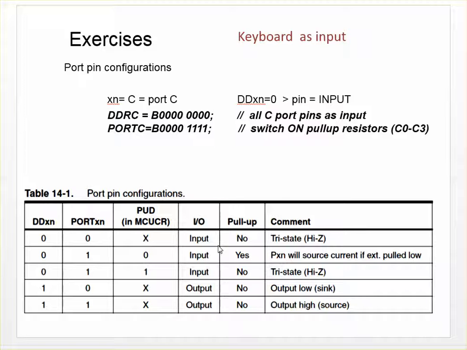The pull-up resistor is a weak resistor that connects the input pin to +5 volts. So the input pin is not floating in that situation. There is a weak connection to +5 volts. Then, if there is no external connection to the pin, it will remain at +5 volts, which equals logical status 1.